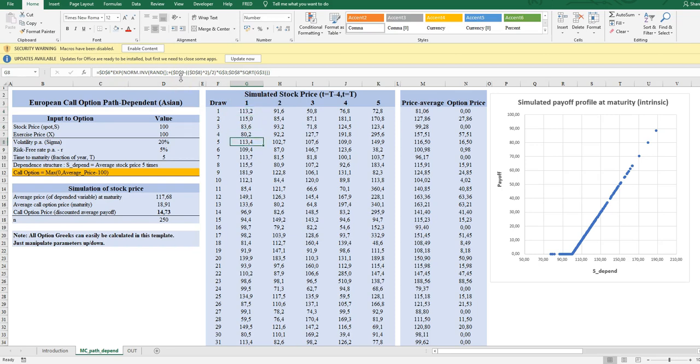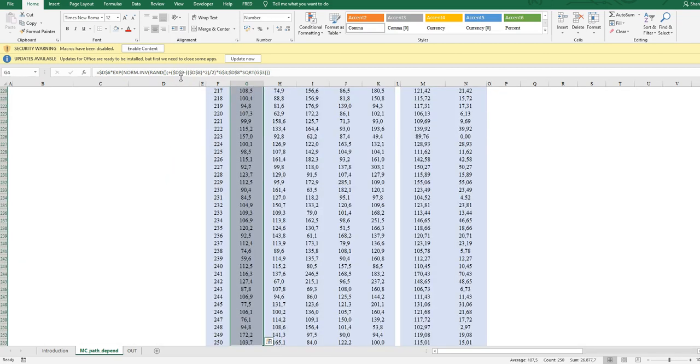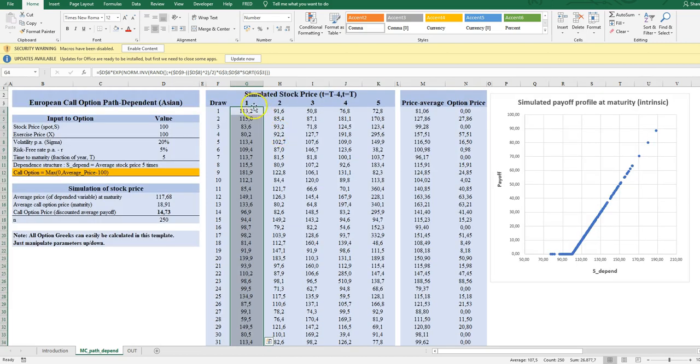So this simulated path here is a log normal distribution of stock return. So no negative values are possible. And the same goes for the rest.